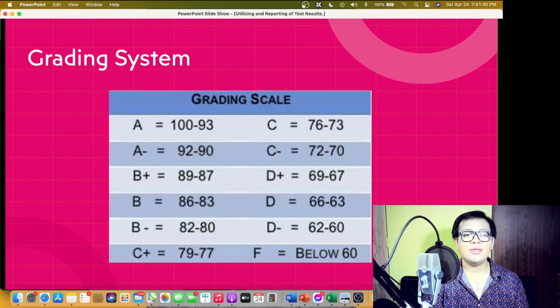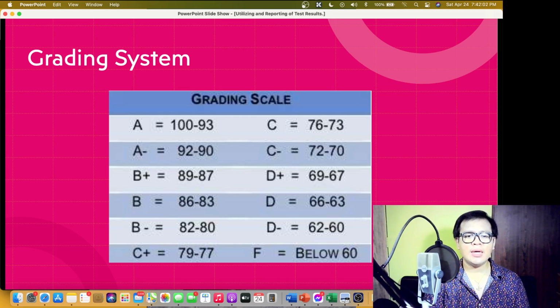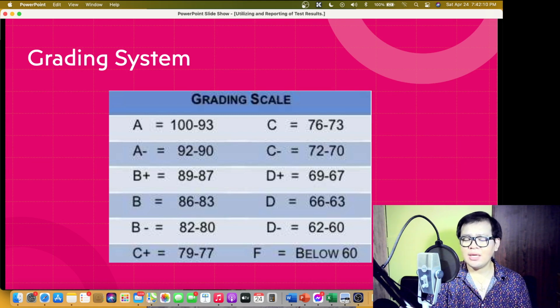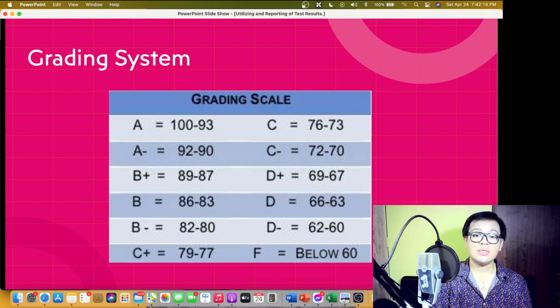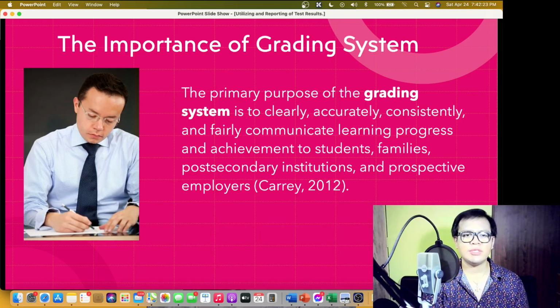So in the grading system, as you can see with the grading scale from A to F, noted here in the example: A is 93 to 100, A negative 90 to 92, B positive 87 to 89, B 83 to 86, B negative 80 to 82, C positive 77 to 79, C 73 to 76, C negative 70 to 72, D positive 67 to 69, D 63 to 66, and D negative 60 to 62. And below that is letter F for below 60.